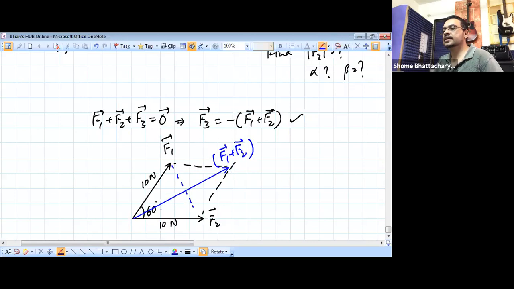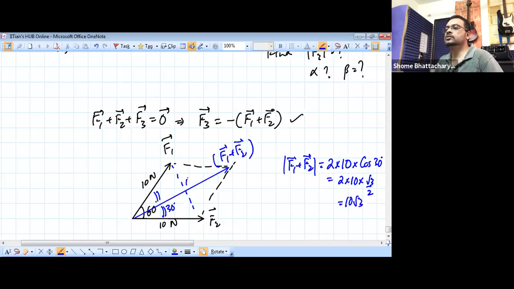It will be such that this angle is equal to this angle equal to 30 degrees, and its magnitude will become 2 times 10 newtons into cos 30 degrees. So that is 2 into 10 into root 3 by 2, or 10 root 3 newtons. So this magnitude is 10 root 3 newtons.